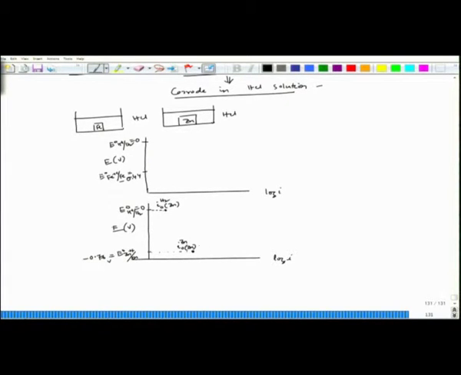Now, they will have their mixed potential. This is E corr and this is I corr of zinc, and at this point IC equals IA. Similarly, in case of iron, generally the exchange current density of the hydrogen evolution reaction is higher.